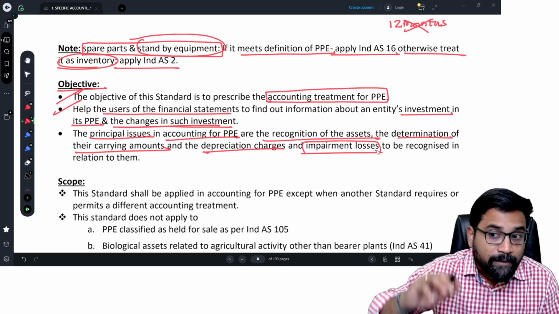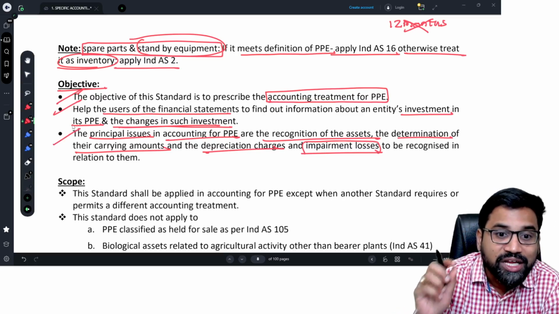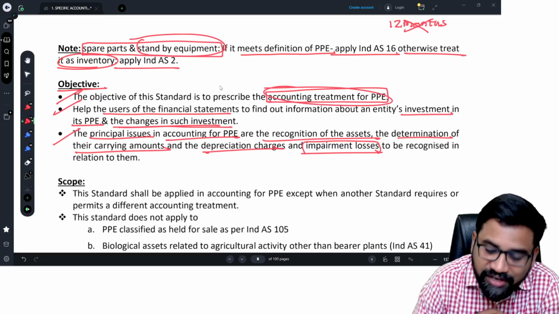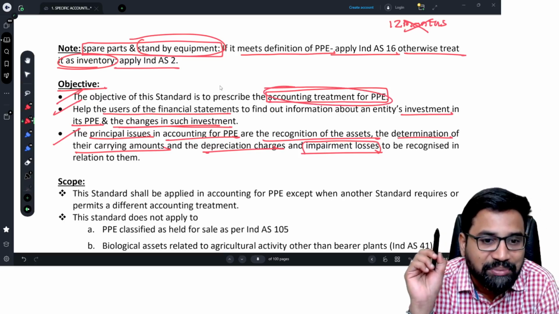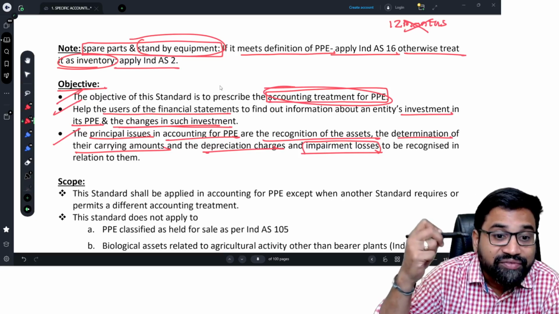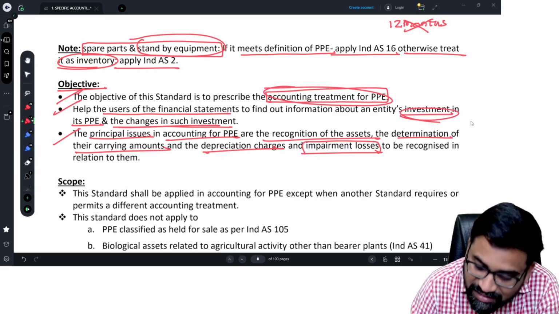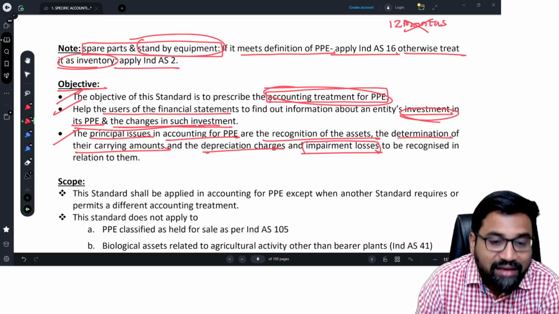So therefore, what is the objective of IND AS 16? First thing is providing the accounting treatment of PPE. Second thing, it will provide information relating to how much investment is made by the organization in PPE.